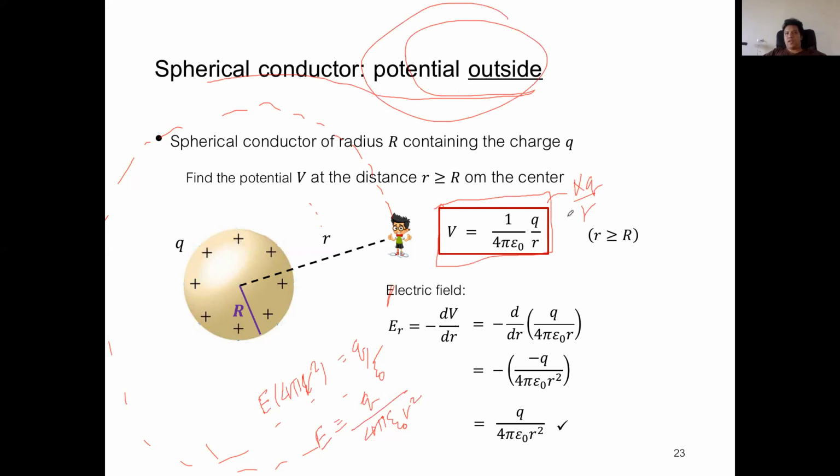The reason we can use it is that if I try to find the electric field using the formula we derived before, that E is the minus derivative of V over the distance, I differentiate this and get a result that agrees with Gauss's law and Coulomb's law.